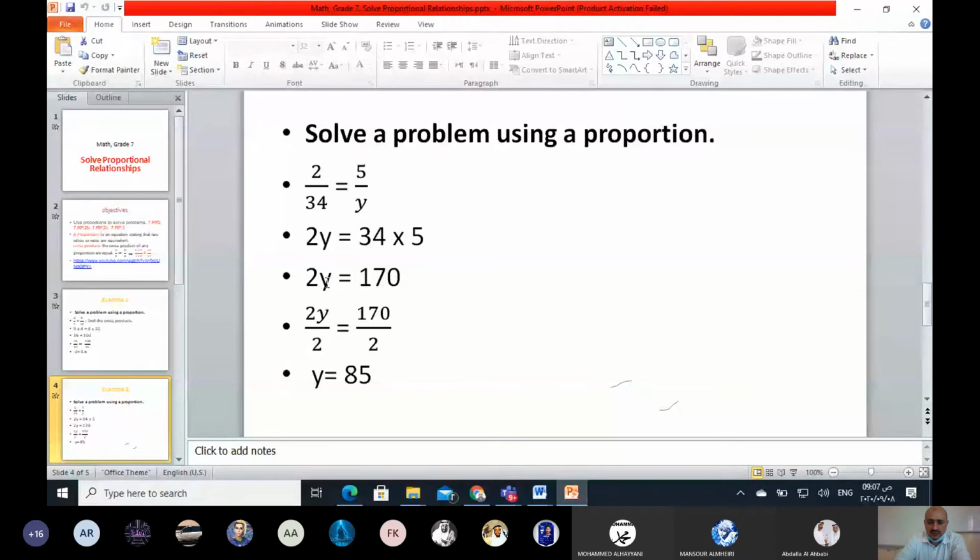Take the coefficient, then divide the two sides by the coefficient. So I can write 2y divided by 2 and 170 divided by 2. 2 divided by 2 will be 1, remains y. Then 170 divided by 2 will be 85.